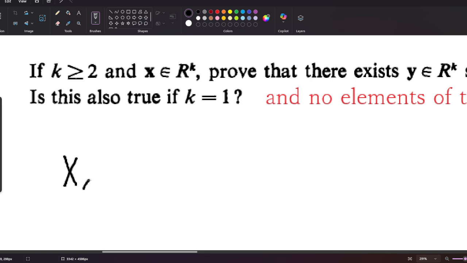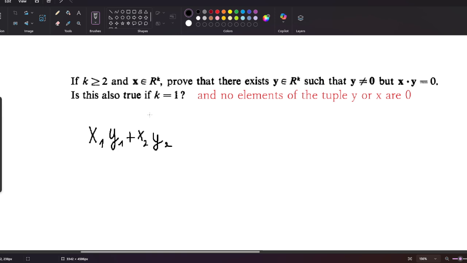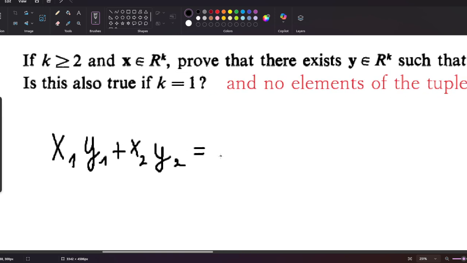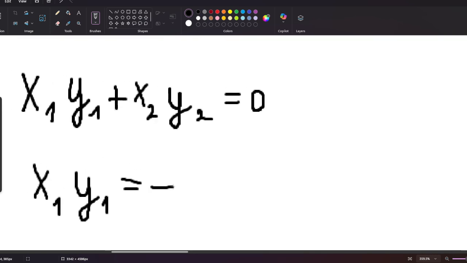So we have x1 y1 plus x2 y2 equal to 0, so x1 y1 equals negative x2 y2.